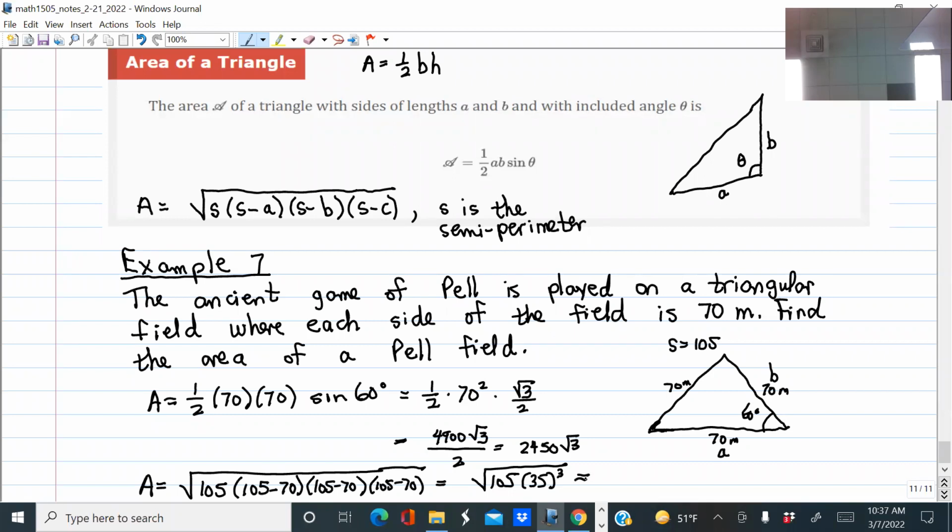What is that number? Oh, no, just under the radical. I'm sorry. Yeah, the quantity just under the radical is what? 105 times 35 cubed? It's going to be a big number. 4501875.